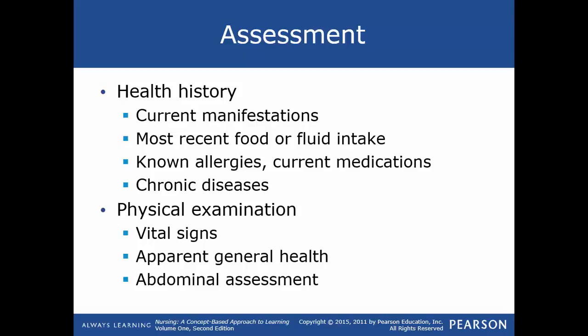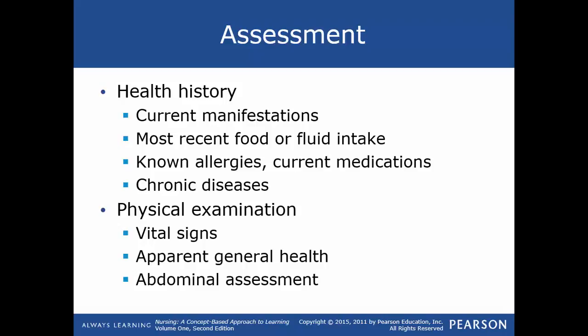So a lot of times you'll ask them what they ate, how much they ate, and what time they ate. And this is going to also include fluid intake, even water. You want to know any known allergies and current medications that they're on. Some medications may actually delay their surgery. You also want to know any history of chronic diseases that they may already have.